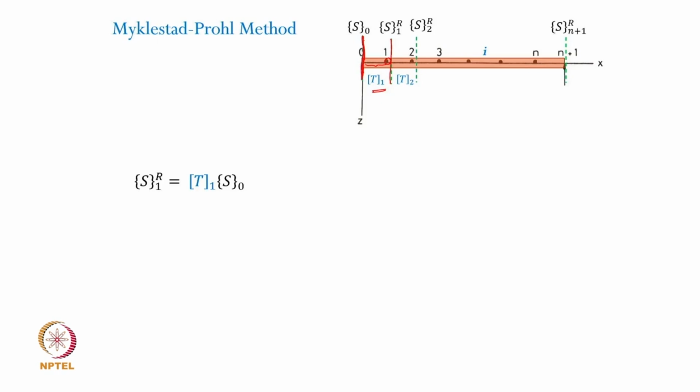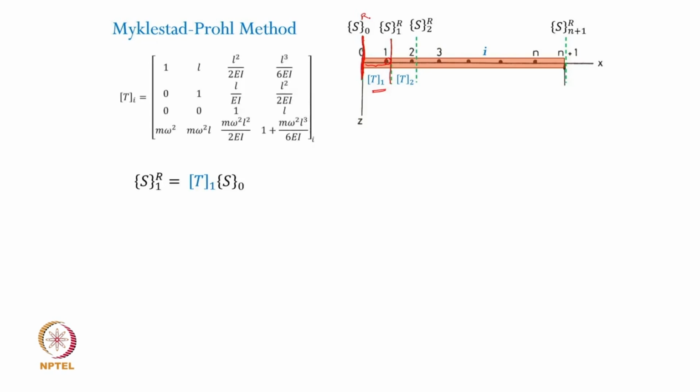There is no need to write R here. You can just write S naught as the state vector, which is the extreme state vector on the left side. They get related through this transfer matrix T1, where Ti, any ith segment's transfer matrix, is given by this.